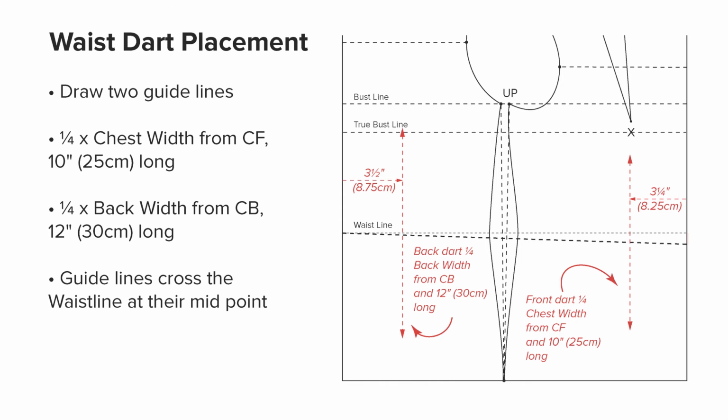Waist dart placement. To position the darts, draw 2 guidelines centred across the waistline. Measure 1/4 times chest width from CF for the front dart, and measure 1/4 times back width from CB for the back dart.